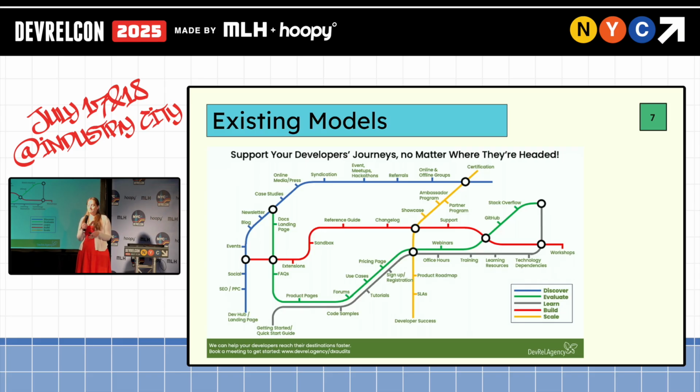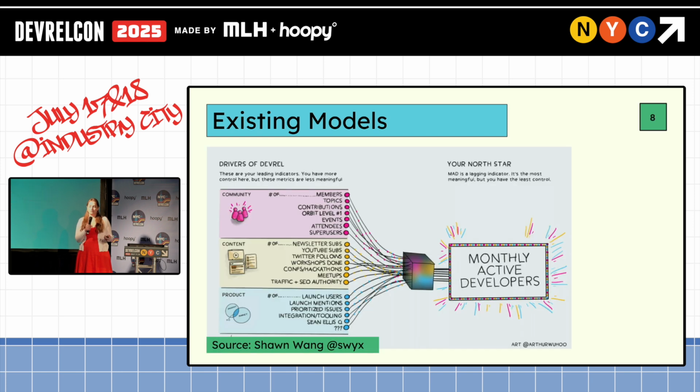So developers can enter at any point that you see. They can take different paths. They can jump between the tracks as their needs and the journey progresses. So this was honestly a really valuable model that highlighted that nonlinear journey.